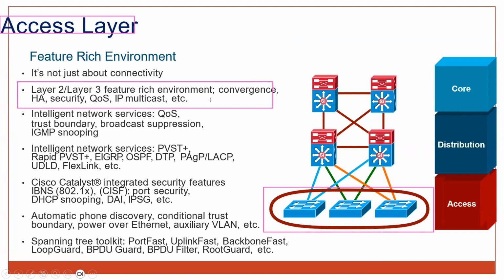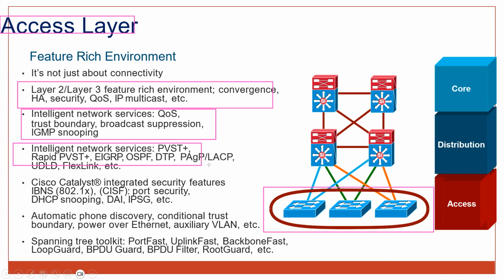In the access layer, you can use HA, high availability, security, QoS, multicasting. Then you can use QoS, broadcast separation, IGMP snooping. All these are configurations that you can configure.